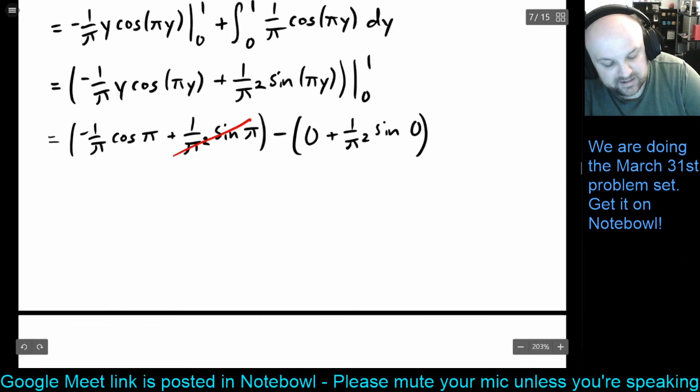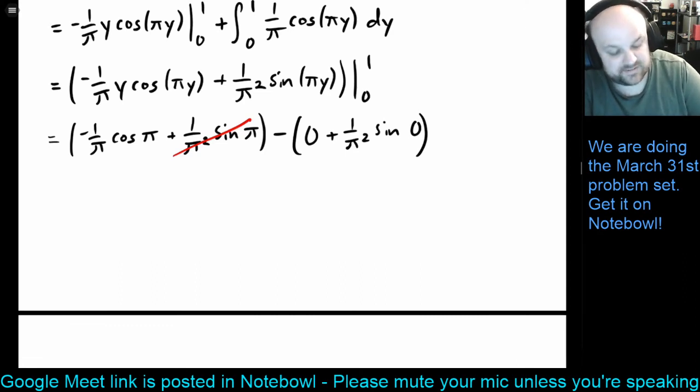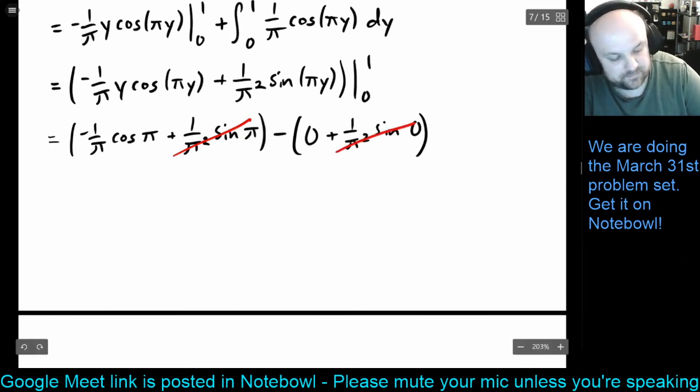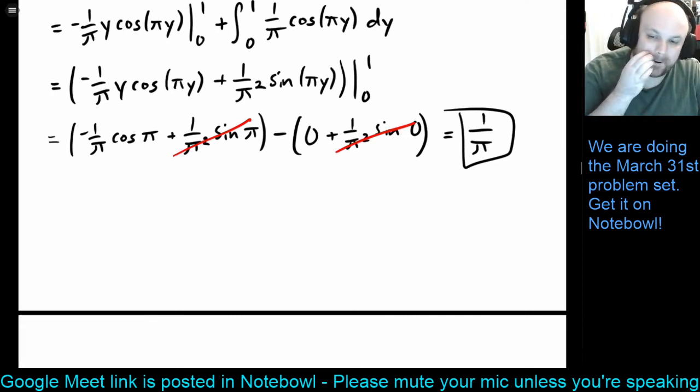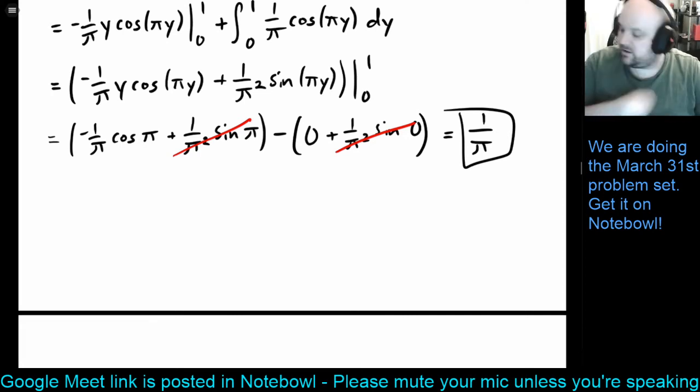Well, sine of pi is 0, so this is gone. Sine of 0 is 0, so that part's gone. Cosine of pi is negative 1. So this whole thing actually just works out to be 1 over pi. Okay. Hopefully that makes sense there. Any questions about that?